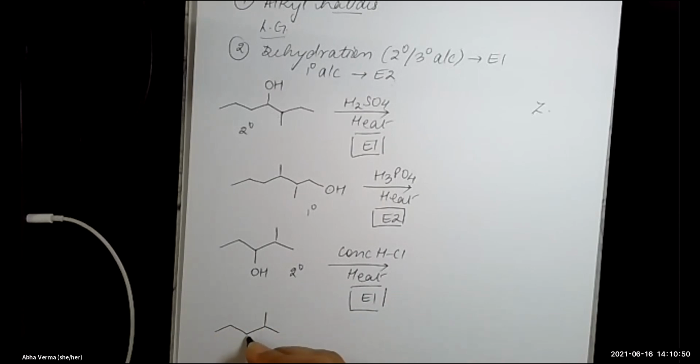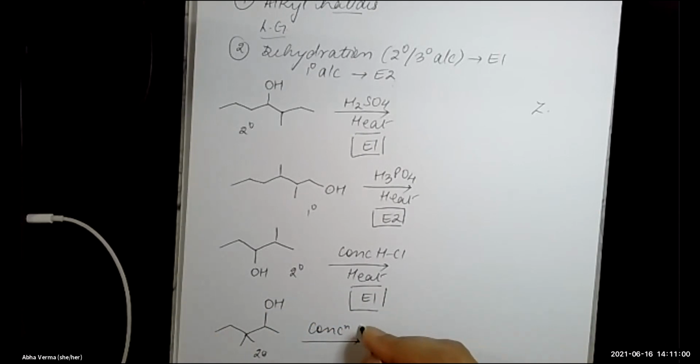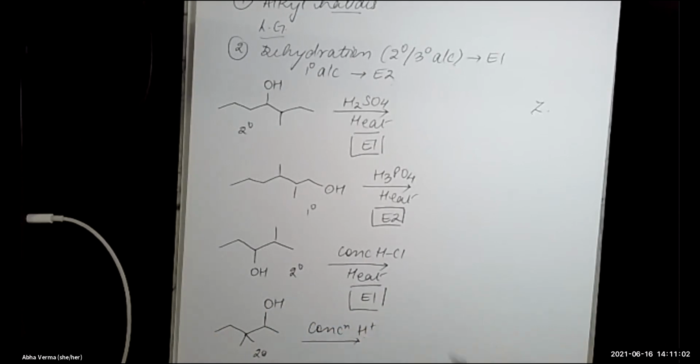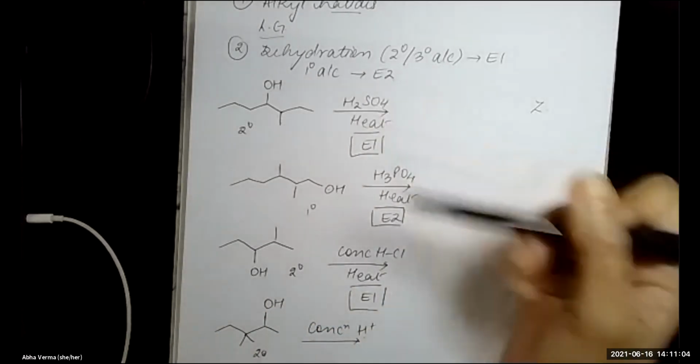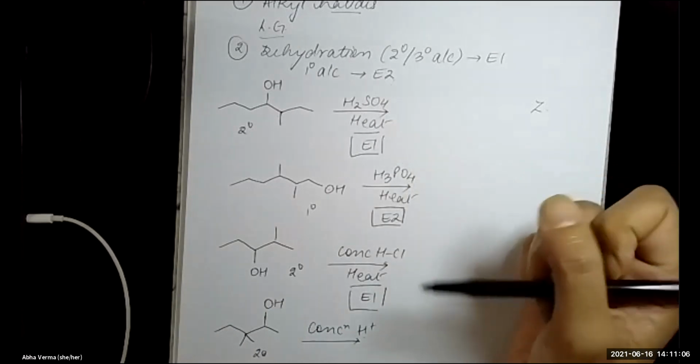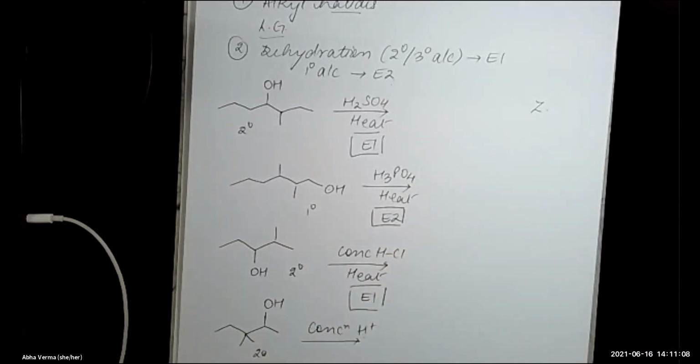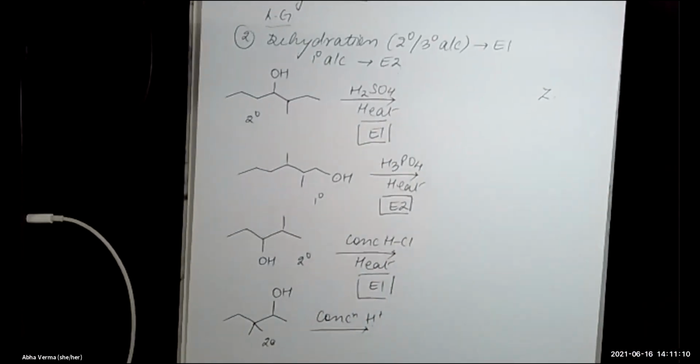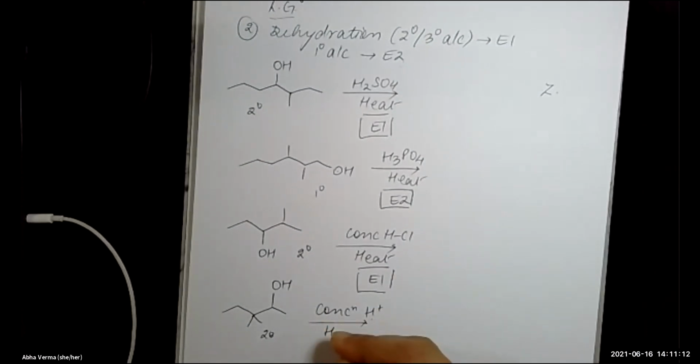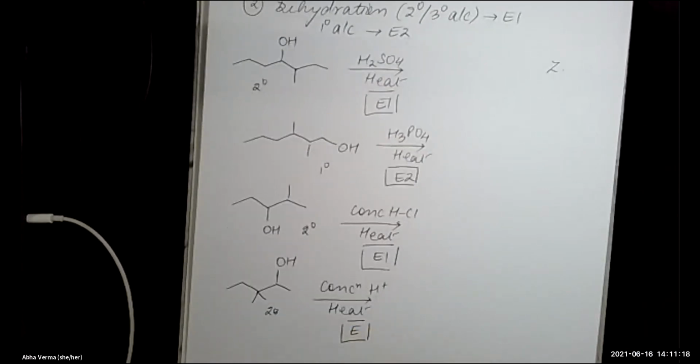If I have another secondary alcohol, and I have any concentrated H, this H comes from HCl, H2SO4, or H3PO4, or for that matter any other proton, along with heat. What is the mechanism that I will see?